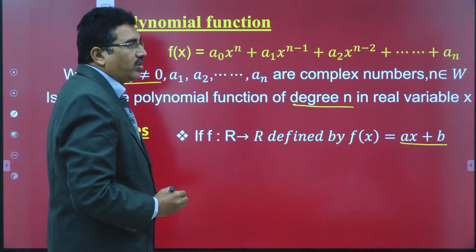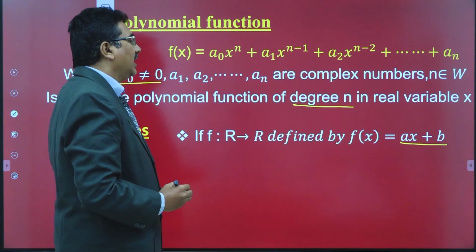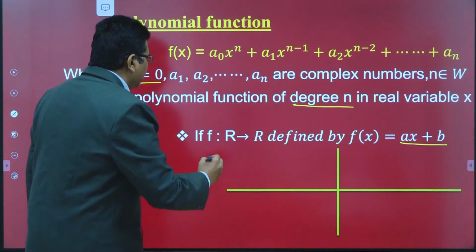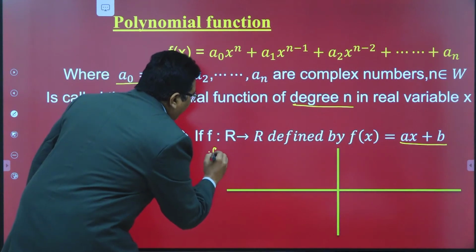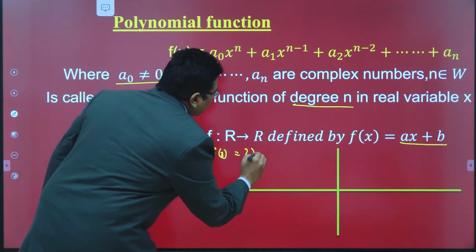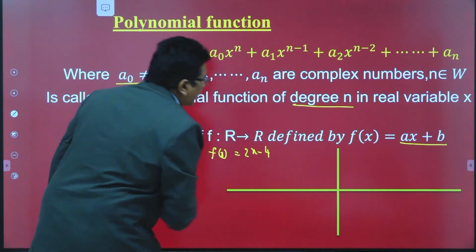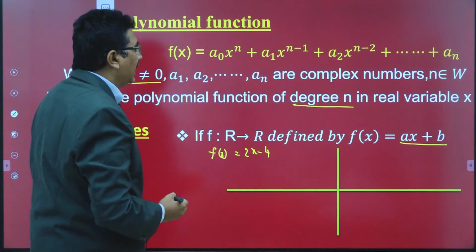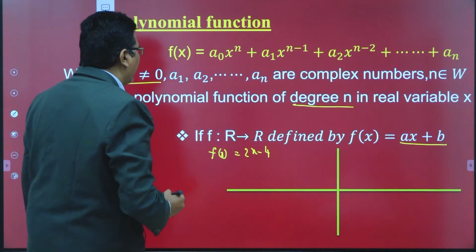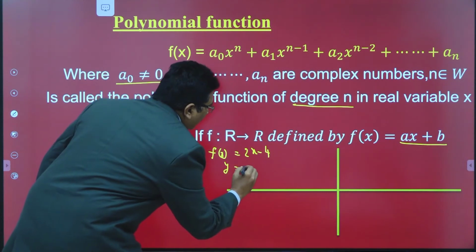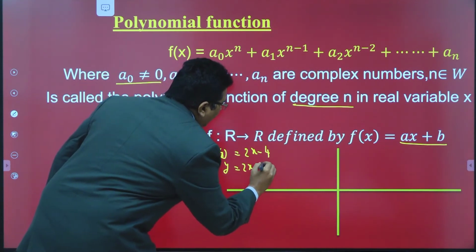How do we draw the graph of a linear polynomial? Suppose f of x is equal to 2x minus 4. This is also a linear polynomial. f of x is the same as y, so y is equal to 2x minus 4.